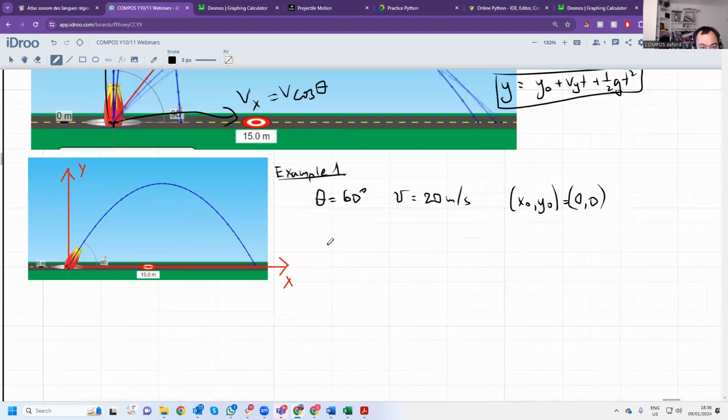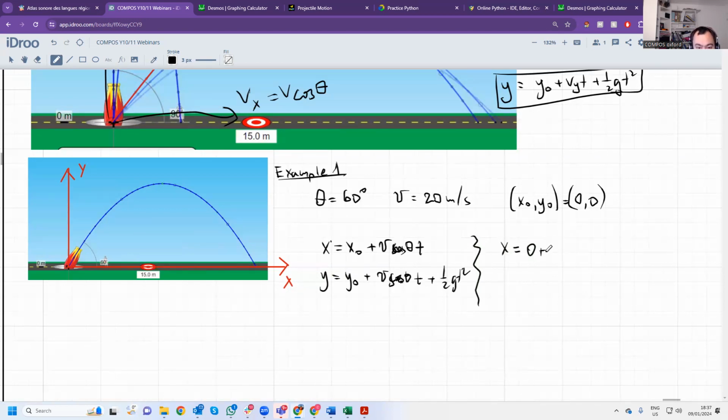So let's write down the equation of motion. x is equal to x0 plus v cos theta t, and y is y0 plus v sin theta t plus 1/2 gt squared. Sorry, I said sine earlier for x, that's cos. So x is equal to 0 plus v, which is 20, multiplied by cos 60.